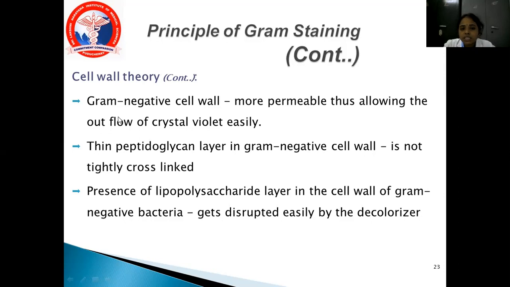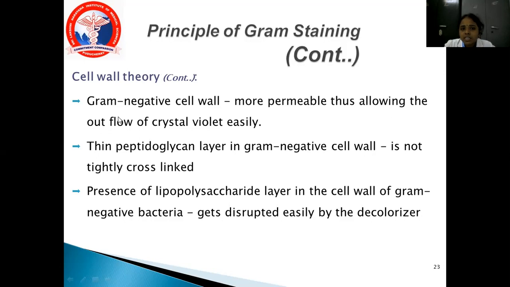So I told you two things: one is it has a thin peptidoglycan layer, and it also has a lipid layer.